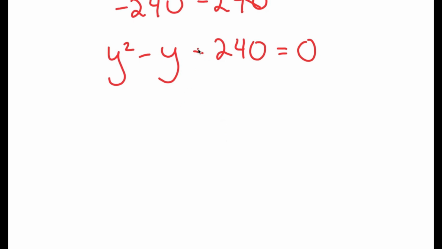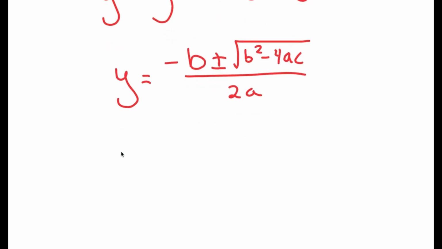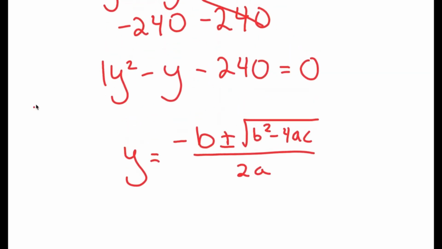And to find the solutions of this quadratic equation, I can use the quadratic formula. If you guys didn't already know, the quadratic formula is negative b plus or minus the square root of b squared minus 4ac all over 2a. So in this case, a is 1, b is negative 1, and c is negative 240.